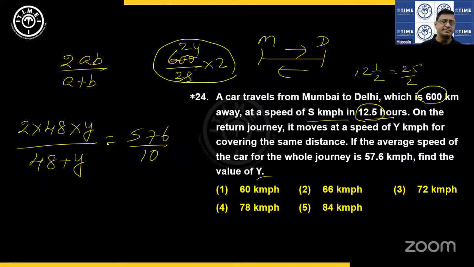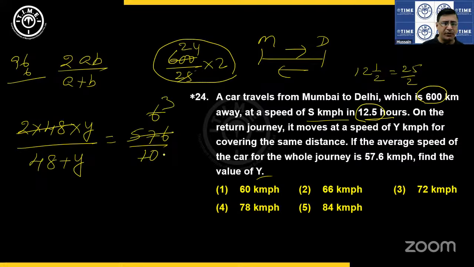Solving this, how many times does it go here? 2 times 48, that is 96. 96 into 6: 90 into 6 is 540 plus 36, 576. Means here it goes exactly 6 times.